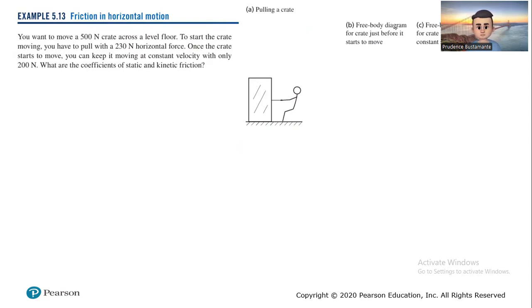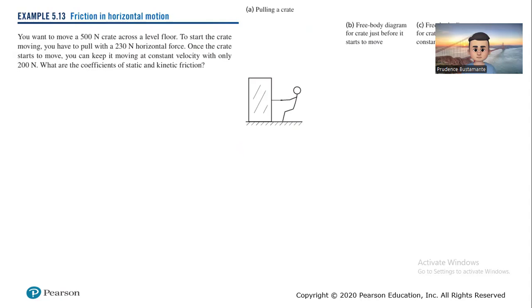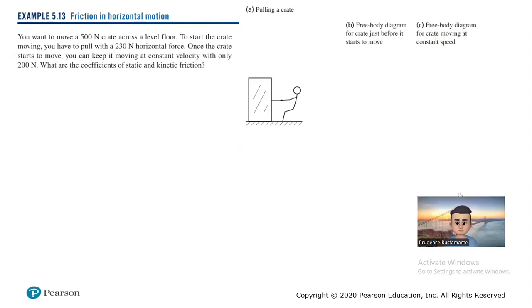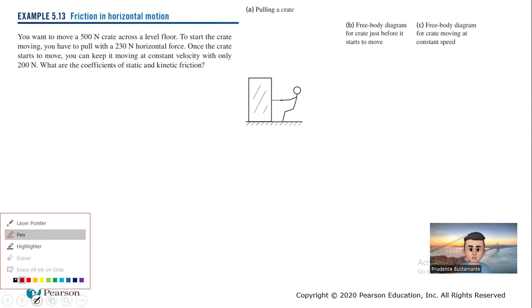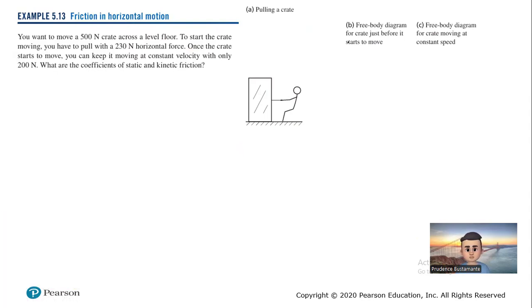Maybe it's best to draw a free body diagram for both cases. This is our object for the free body diagram for the crate just before it starts to move. We have the normal force, of course. We have the weight force.